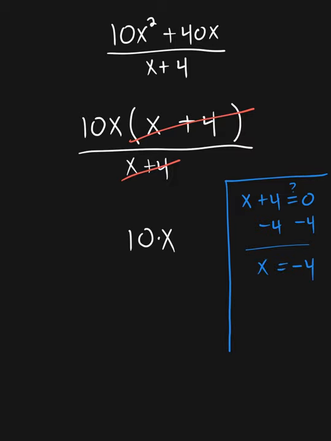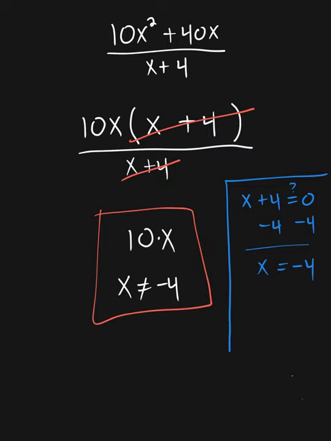So in our main problem, I'm going to come back and say, well, 10x is the simplified version of this original expression, but x cannot be negative 4. So this is, as a whole, our final answer, 10x, but x can't be equal to negative 4.